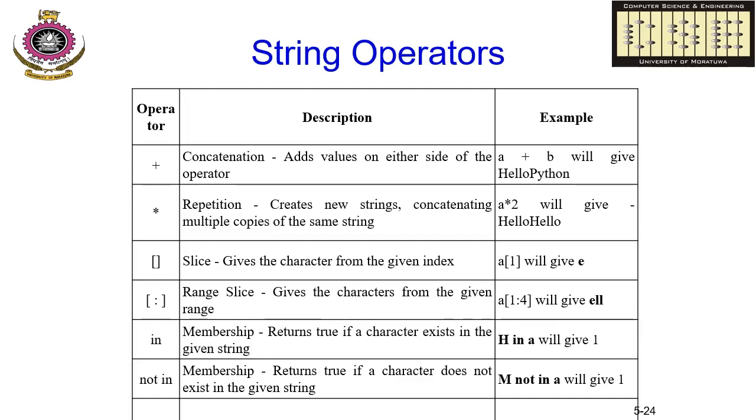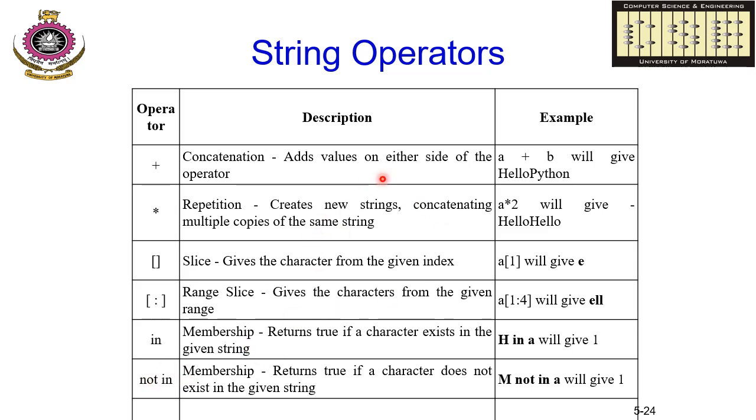Here is a list of string operators. We have already seen most of these. The table is once again just for reference. We have seen concatenation, repetition, slicing, range slicing, even membership, whether a certain character or a substring is included in a string, and not in.